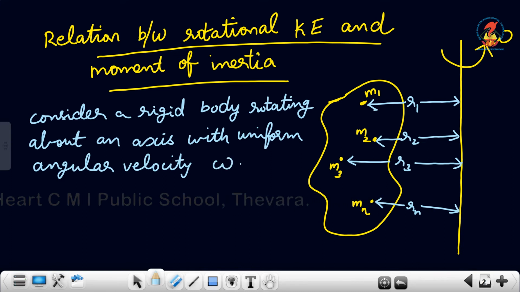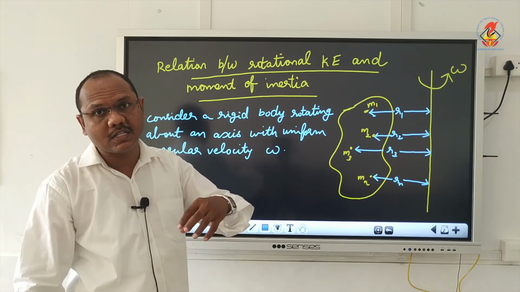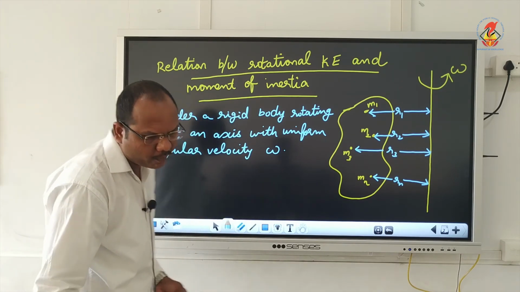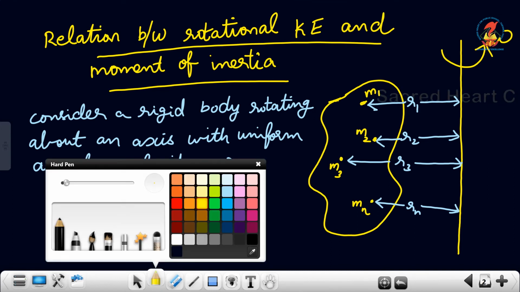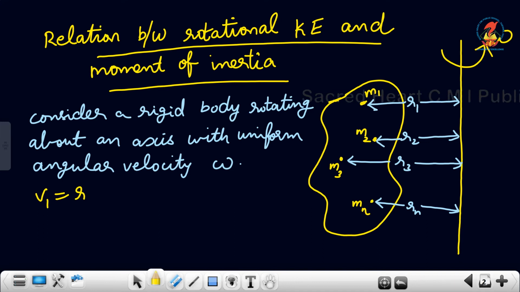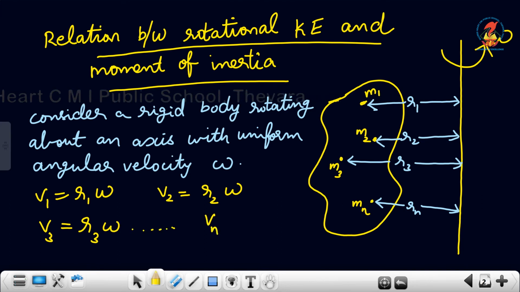So I wrote, consider a rigid body rotating about an axis with uniform angular velocity omega. The rigid body consists of many particles, so I take the velocities of each particle. Velocity of the first particle V1 is equal to R1 into omega, V2 is equal to R2 omega, V3 is equal to R3 omega, like that, Vn is equal to Rn omega.